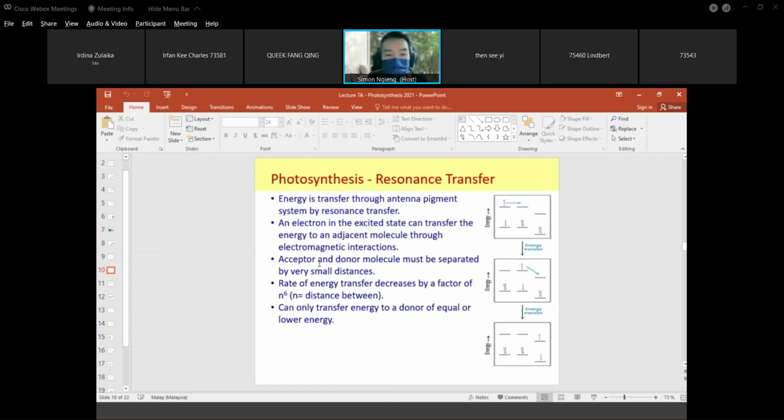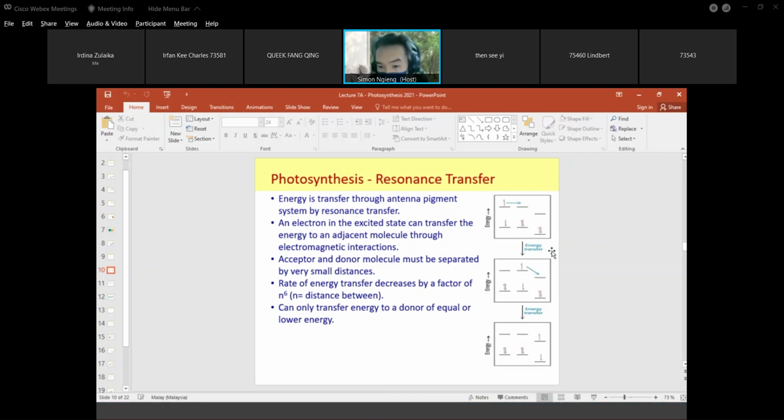Energy transfer through the antenna pigment system is by resonance transfer. This is what I mentioned, resonance transfer. It can only be transferred to one that is of similar energy level. You look at the horizontal line here, similar energy level, or it can only be transferred to those of a lower energy level.